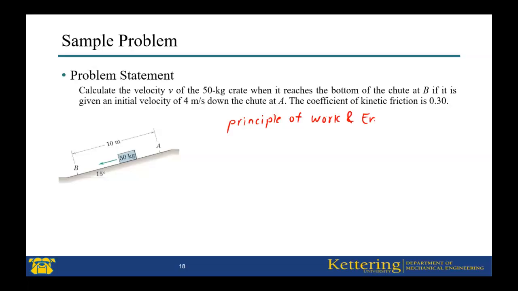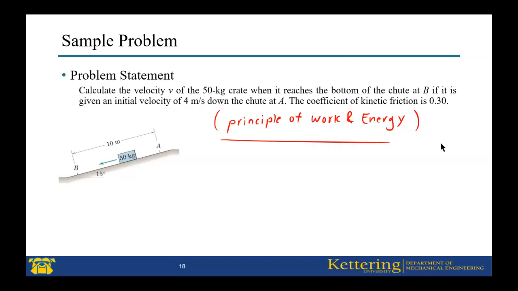work and energy. When I ask you to use a specific method to solve a problem in the exam or the homework, you have to follow that exact method. You cannot solve it another way. If I do not specify in the problem, you can use any method or solution you know.